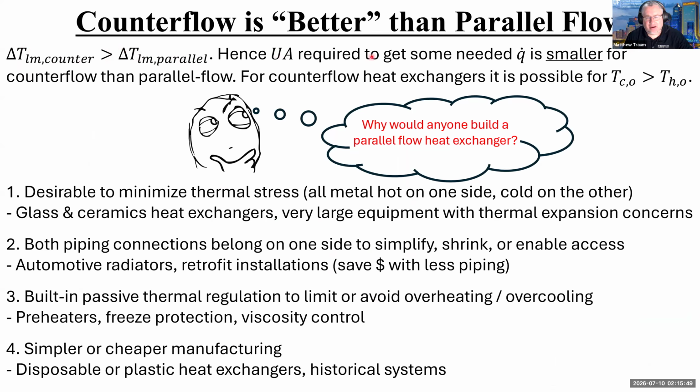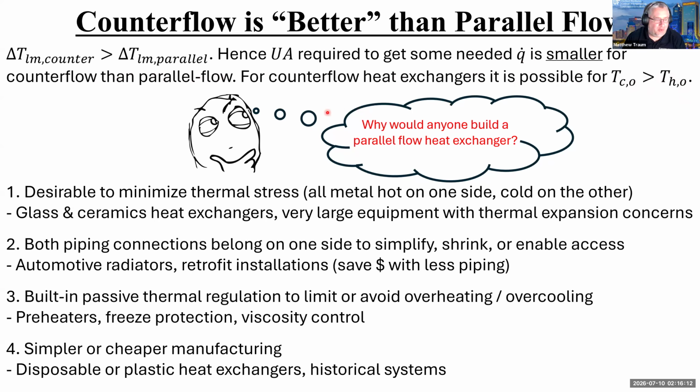Hence, UA required to get the same needed heat flux is smaller for counterflow than it is for parallel flow. And then you get the additional benefit of, for a counterflow heat exchanger, the possibility of increasing the cold stream outlet temperature above the hot stream outlet temperature, whereas you cannot do that for parallel flow heat exchangers.